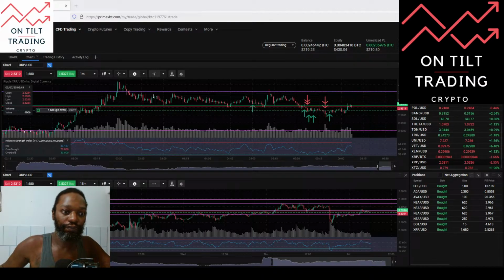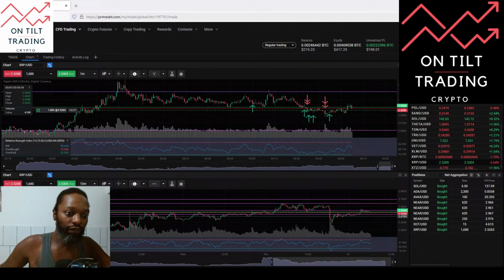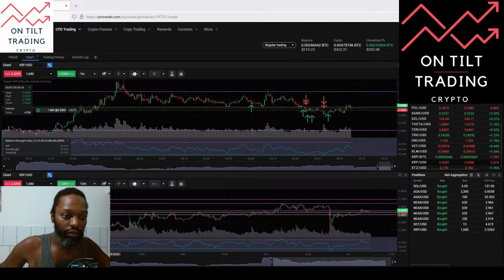And for XRP, here you can see take profit is up here for the traverse. So we have S3 here, and we're trying to reach R3 here, or here. And you can see here's the line. And next up we have NEAR.